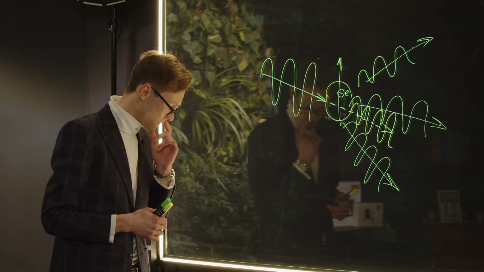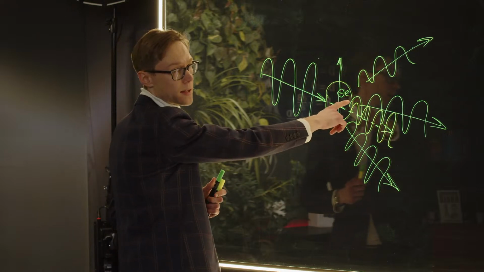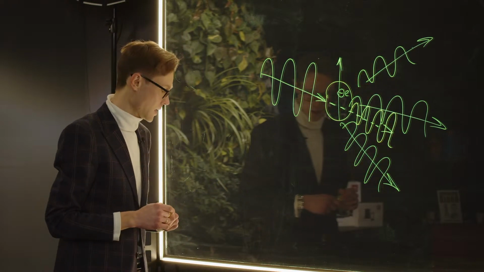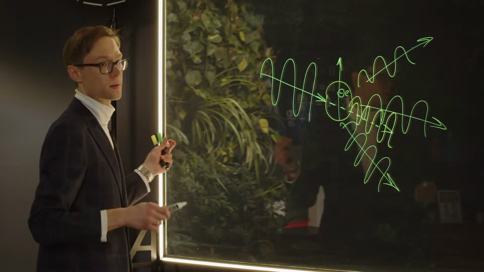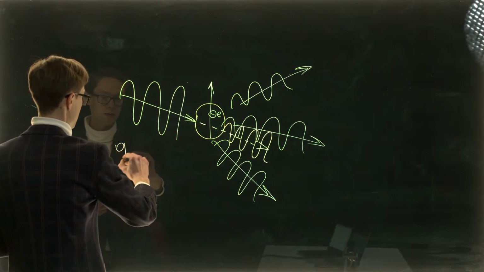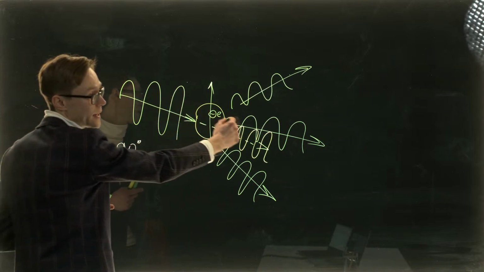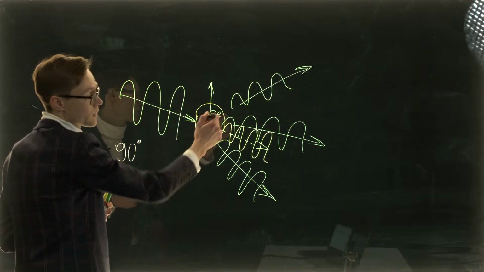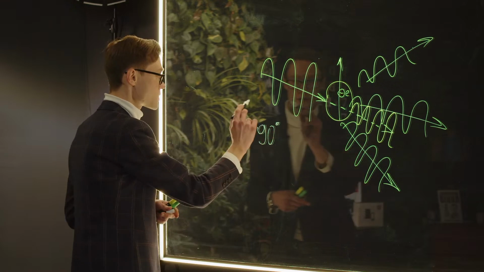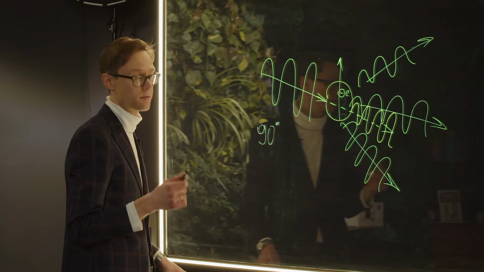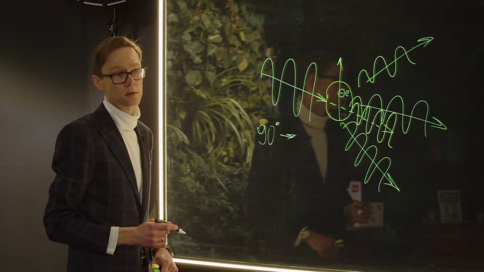The first option is that the wave which is emitted by the electrons of the particles is 90 degrees out of phase. So let's write it down here. In the first case, we have a phase difference of 90 degrees between the direct light, the incident light wave or electromagnetic wave, and this emitted wave after it gets scattered. If we have a 90 degrees phase shift, then it slows down the incident wave.